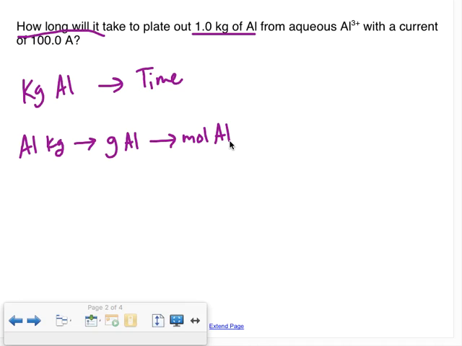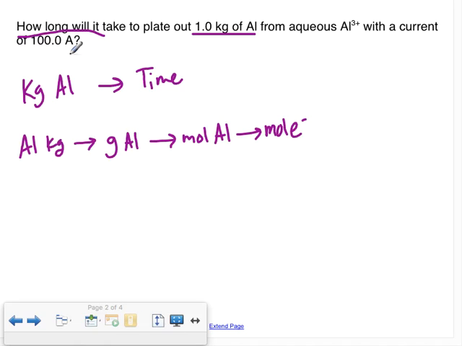Once we have moles of aluminum, we're trying to get from aluminum to aluminum 3+, and electrolysis always involves electrons transferring. We need to figure out how many moles of electrons are actually transferring, so from moles of aluminum we can figure out the moles of electrons transferred. Current is actually amount of charge over time.